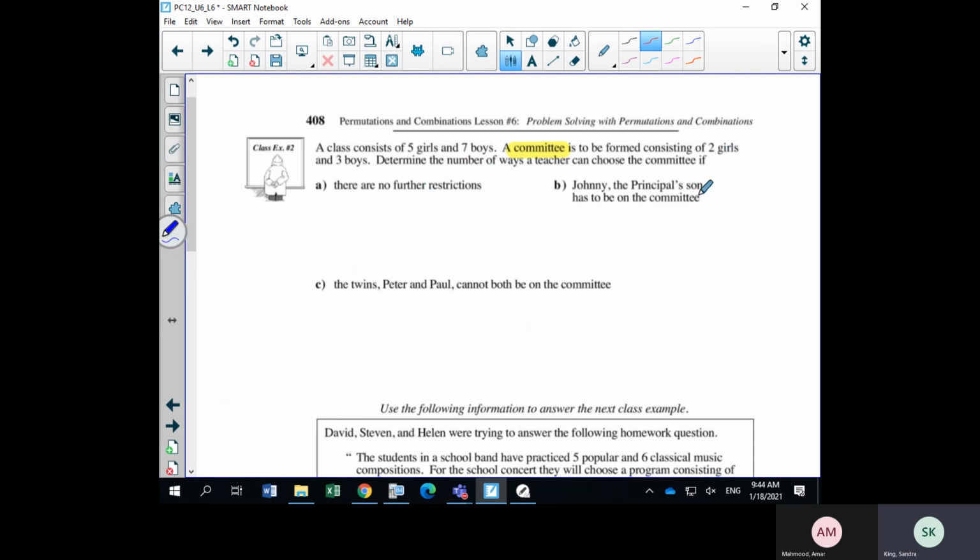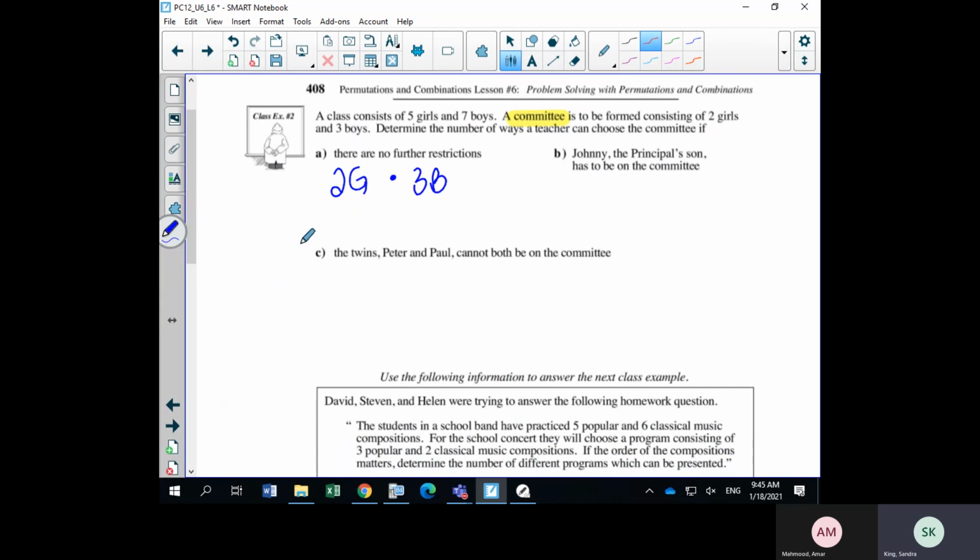So no further restrictions. So now let's figure out the number of combinations of selecting 2 girls, the number of combinations of selecting 3 boys. Let's multiply those together and we've got our combinations with no restrictions.